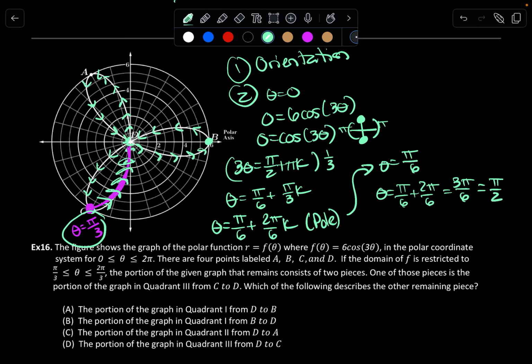Now, pi over 2 is past pi over 3, and we need to find the angle that is just after pi over 3. So we know pi over 6 is before pi over 3, and pi over 2 is just after pi over 3. So we can use theta equal to pi over 2.